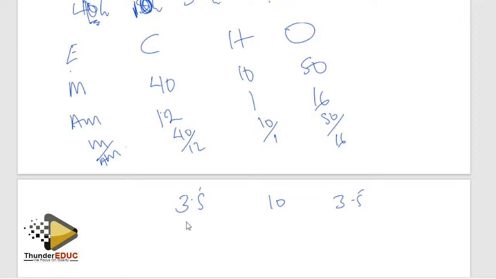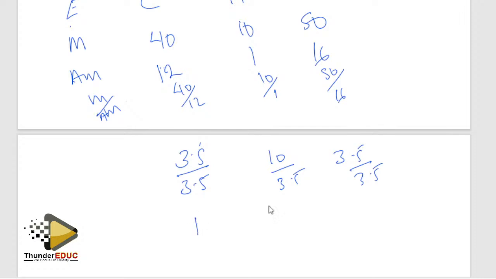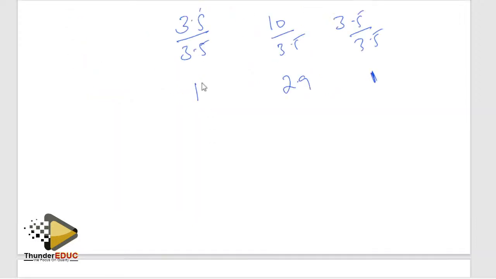Then you divide by the smallest, 3.5. Here you get 1, here maybe 2.8 or 2.9, and here 1. So this is approximately 1, approximately 3, and approximately 1.